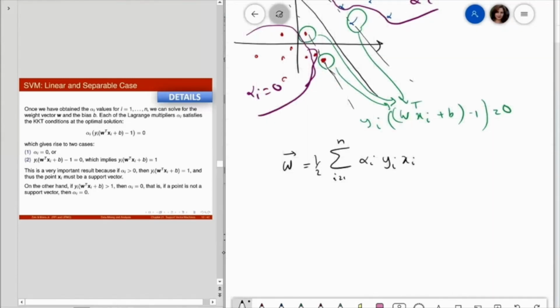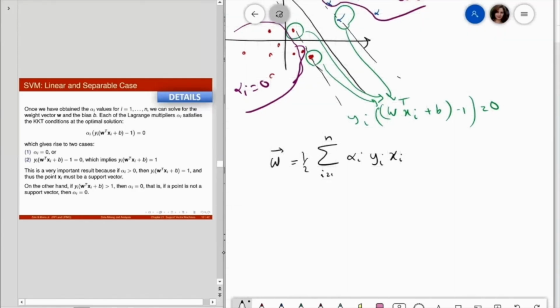Now, knowing that alpha i for every point other than support vectors is 0, it means that instead of summing from 1 to n, the only thing we need to know is, for the support vectors, what are alpha i, yi, and xi.